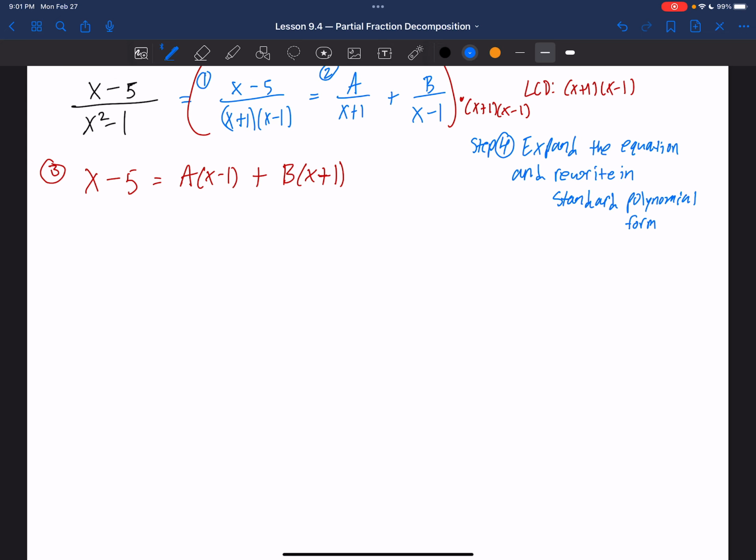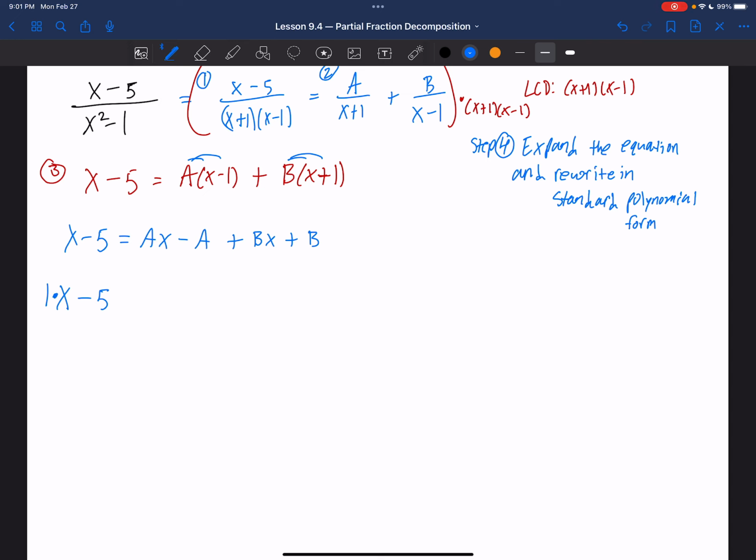So here we go. Let's rewrite this in standard form by expanding. So I've got x minus 5 equals, distribute your a here, okay? This is ax minus a. Then distribute your b: plus bx plus b. Now, I'm going to group this together visually to help you see. It's my x term and then my constant, right? And by the way, the coefficient on x is 1 times x.